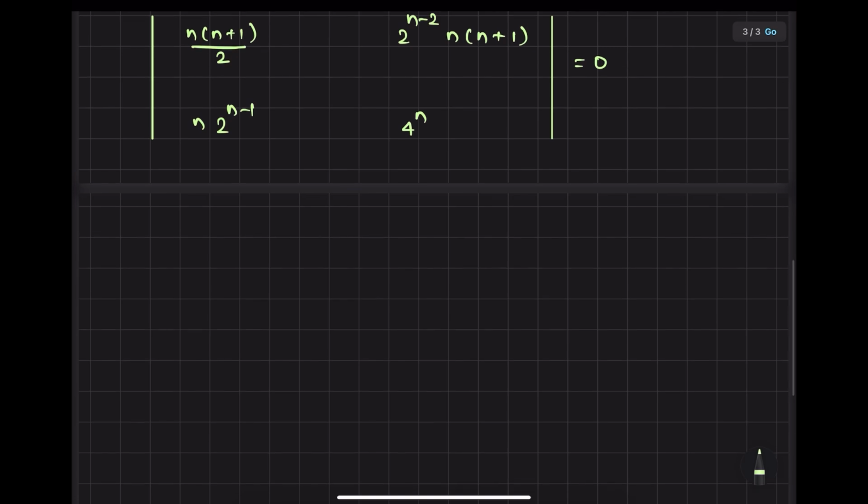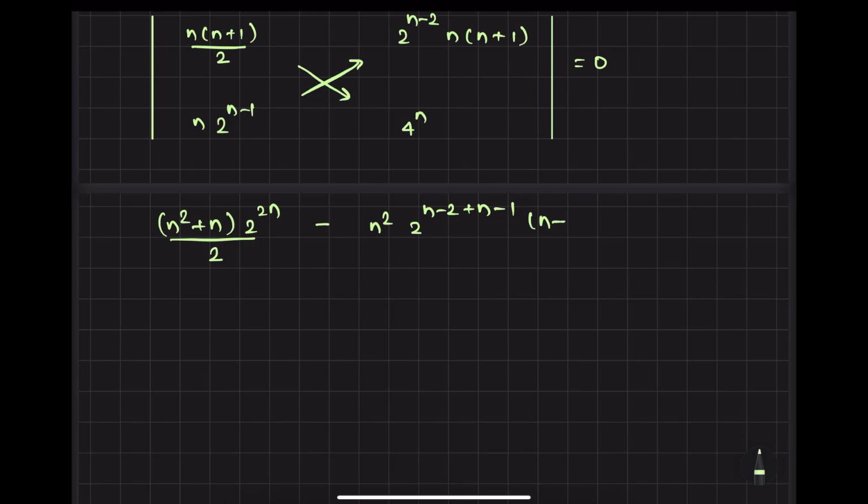Okay, so let's simplify things. Let's find out the determinant. So it is this minus this. Okay, so look at this, n square plus n into 2 power 2n by 2 minus n square 2 power n minus 2 plus n minus 1, n square is done, and then n plus 1 equals to 0.